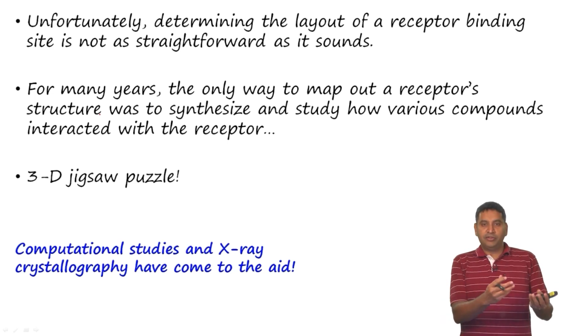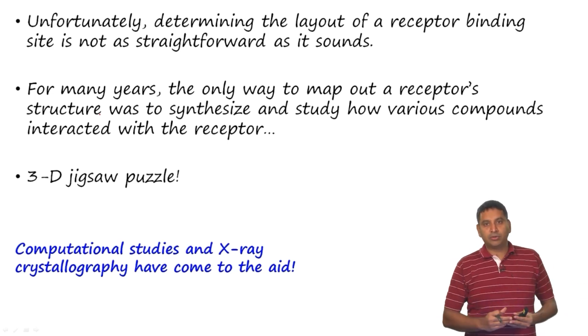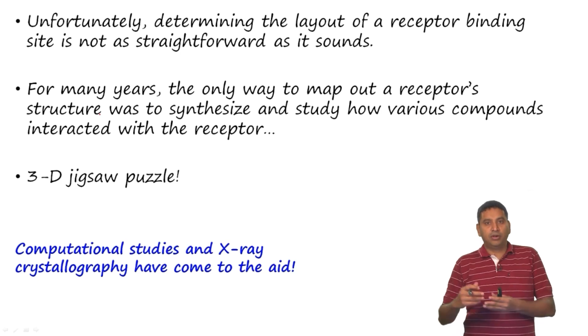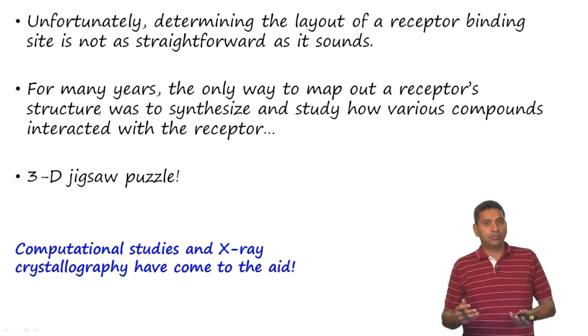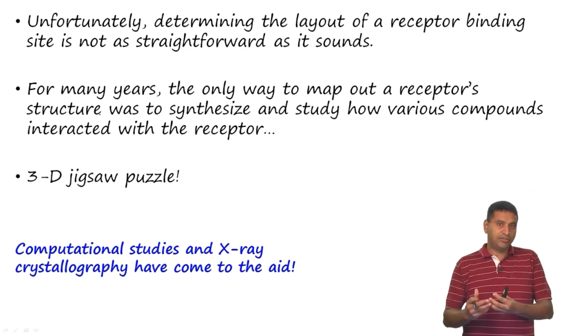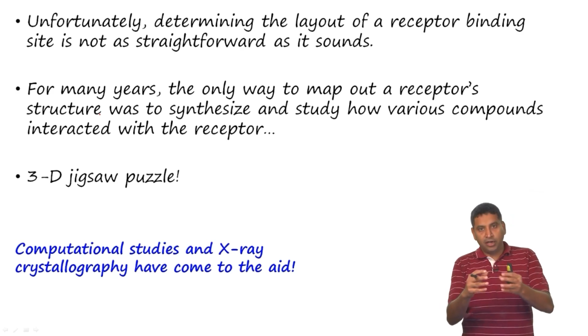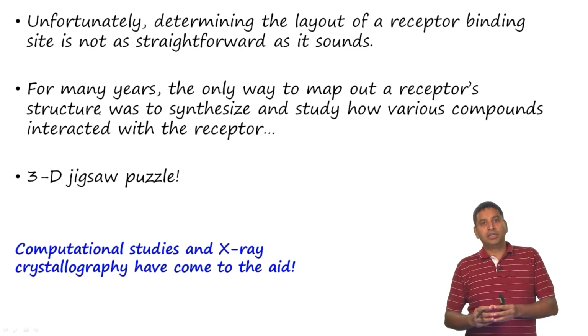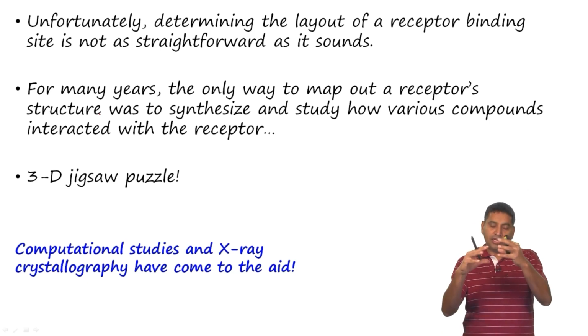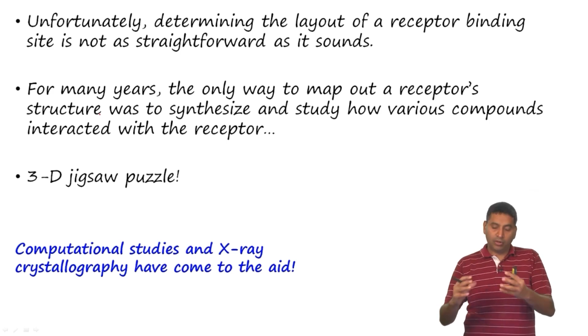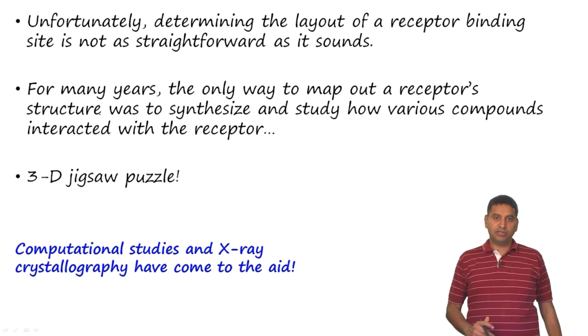So, we would change the benzene ring to a cyclohexane, or put in a substituent at the ortho, meta or para position, or change the alcohol to an amine or a carboxylic acid, and so on and so forth. By systematically synthesizing these molecules and studying how they interact with the receptor, we would be trying to solve a 3D jigsaw puzzle, and find out what the various potential binding sites inside the structure of the receptor are.